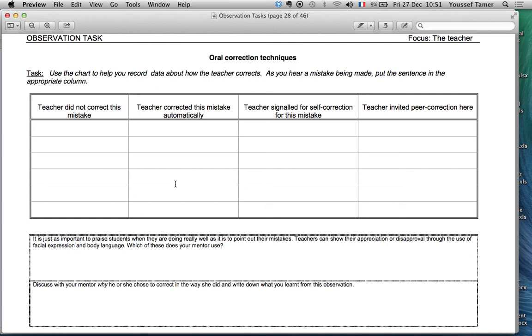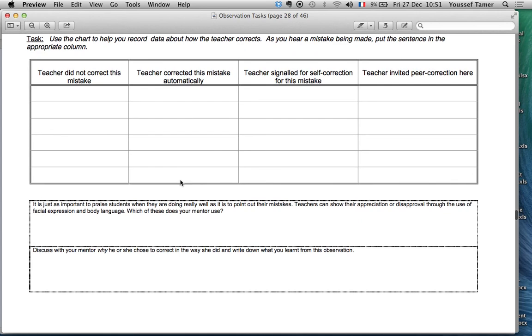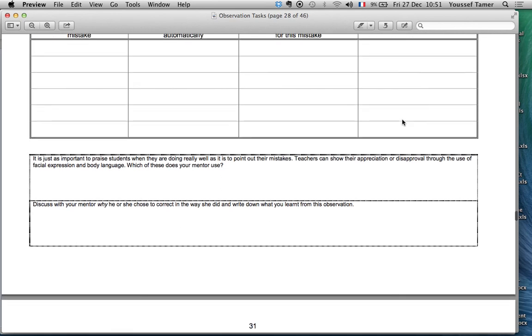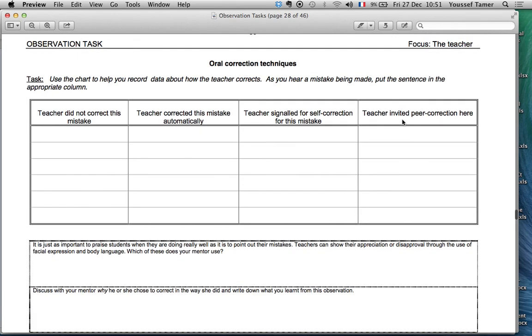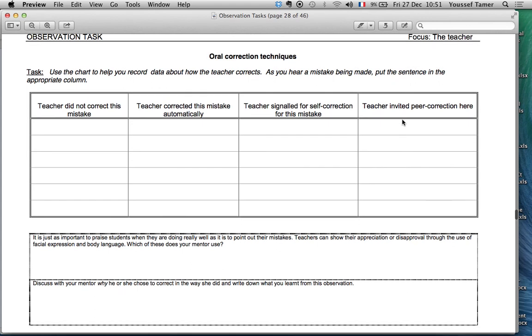So, teacher did not correct this mistake. Teacher corrected this mistake automatically. What kind of mistake was it? And teacher signaled for self-correction for this mistake. Here, teacher invited peer correction. So you have to provide your comments on that.